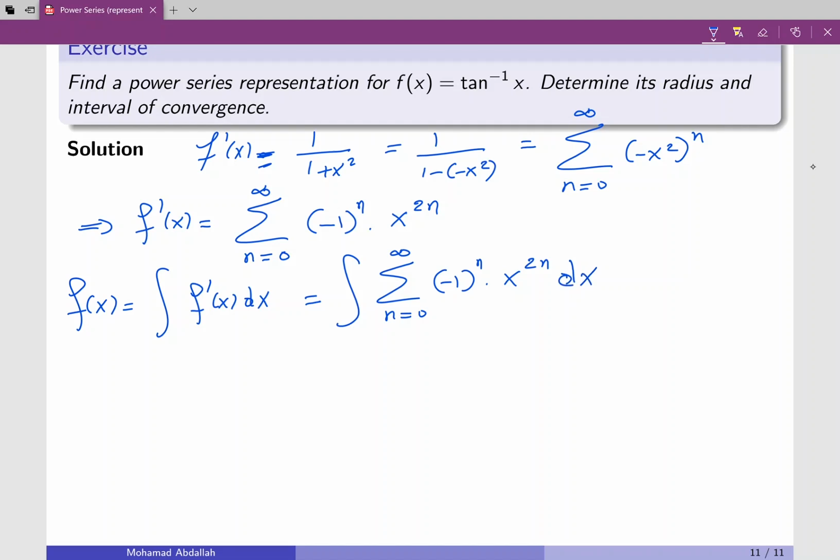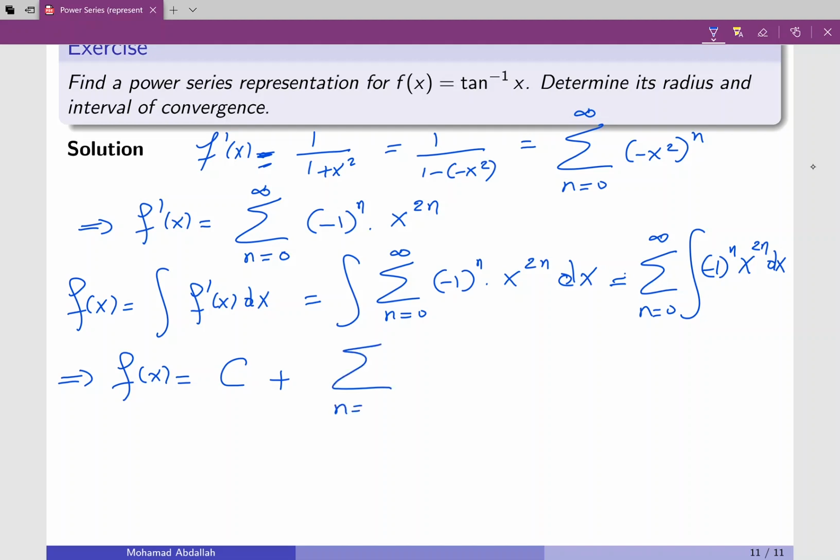Now I can interchange the integration with the summation, so that's the sum from n equals 0 to infinity of the integral of negative 1 to the power n x to the power 2n dx. This is what f of x is equal to. Now when I apply the integration, a constant c will be generated, plus the sum from n equals 0 to infinity.